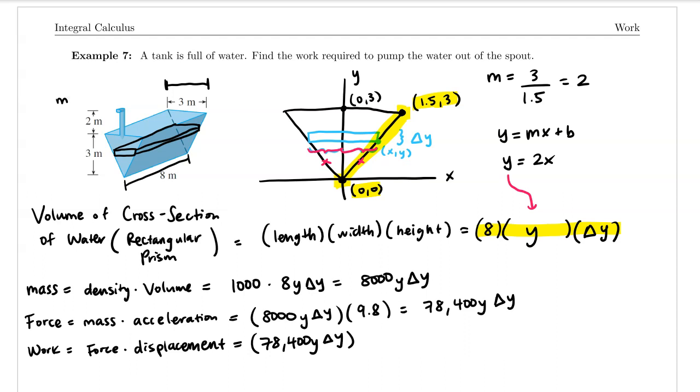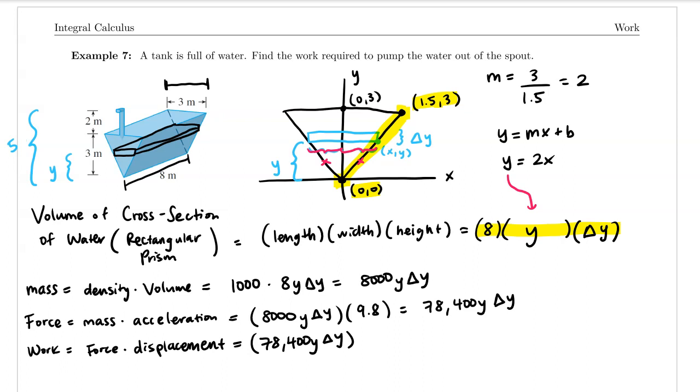So coming back to our three-dimensional picture, I know that from the bottom of my tank to where my water slice is, in other words, from here to here, that distance is y. And I know that from the bottom of my tank to the top of the spout, if I add 2 meters plus 3 meters, that is 5 meters.